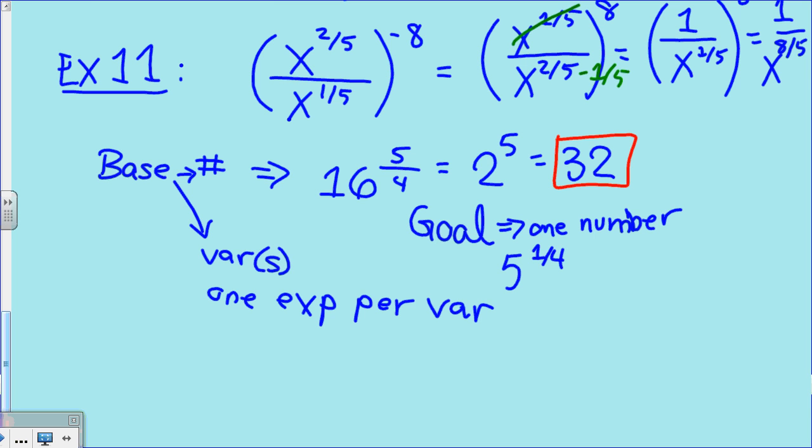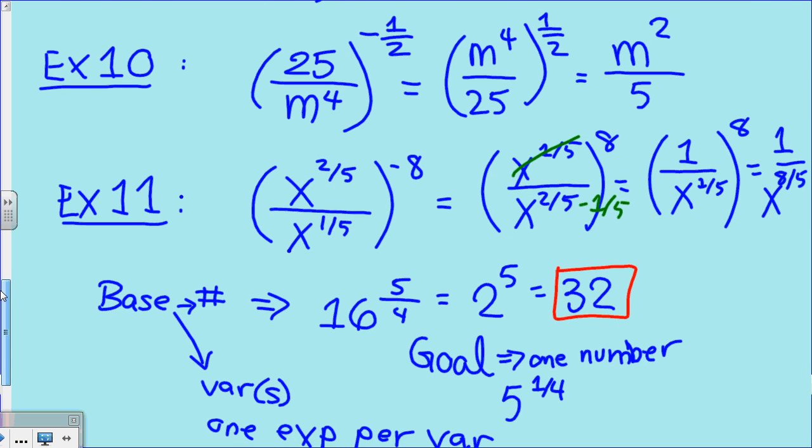So if I have an x and a y in the problem, your goal is to simplify and get one exponent for every variable. Kind of like we did for number 11 right here. So 2 variables in here, we snap them together, right? And give a final exponent to our answer.